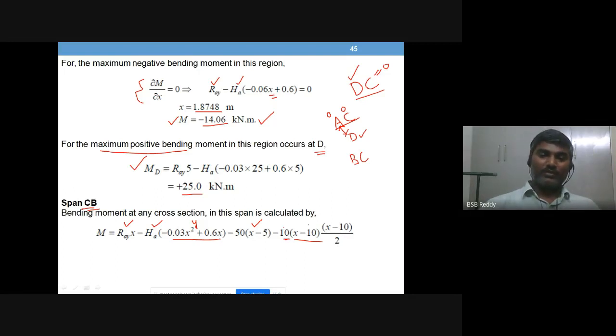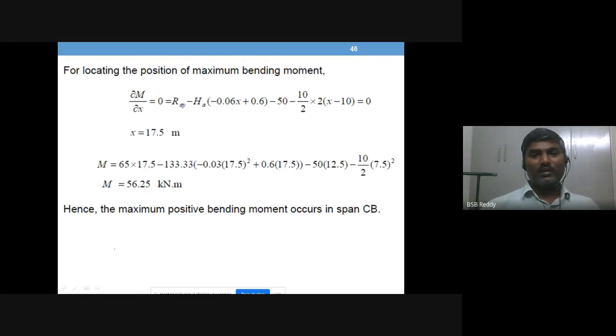So this is how you can write the Mx equation for portion BC. With a similar mathematical expression, dMx by dx is equal to 0, by differentiating with respect to x, you will get the x value, which is 17.5 meters.